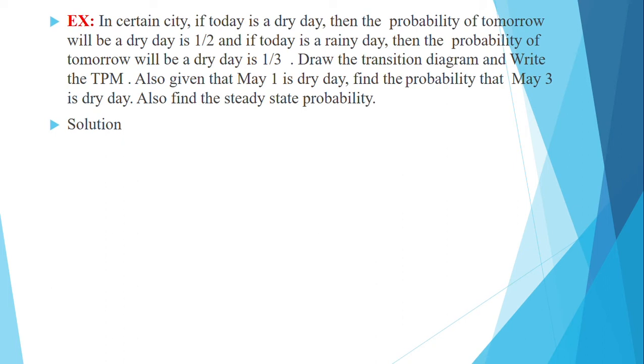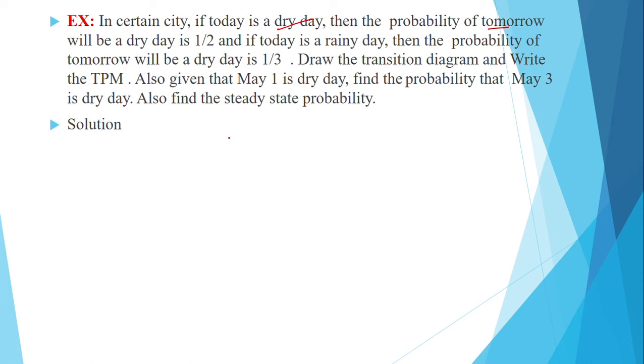The above problem describes the weather pattern of a certain city. And it clearly says that the weather condition of the next day depends only on today's weather condition. From the first statement you can see this. Today is a dry day, then the probability that tomorrow will be a dry day is 1 by 2. That is, the future behavior of the described process depends only on the present state or present day, not on the past days.